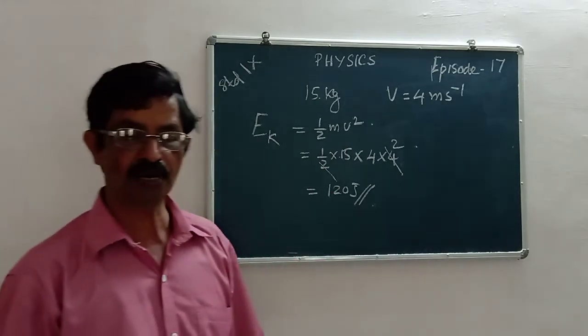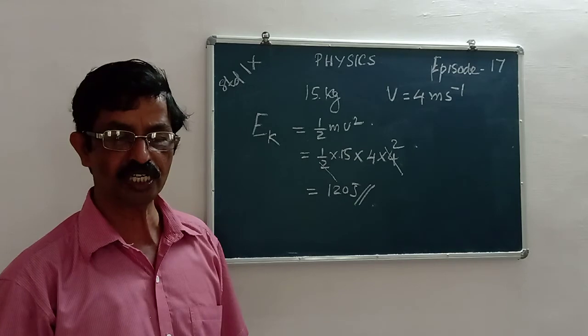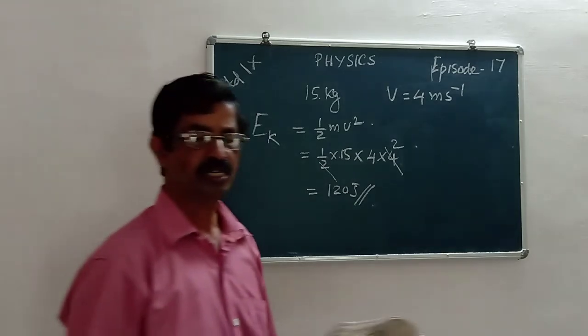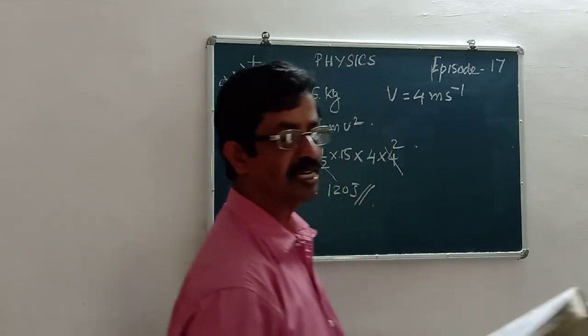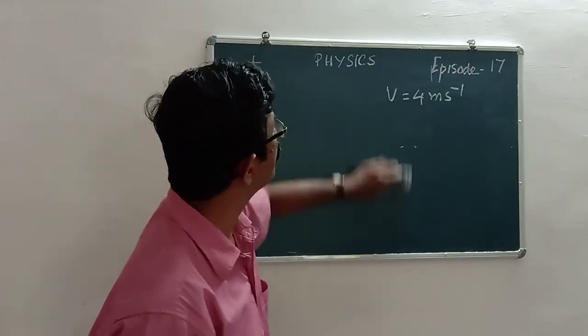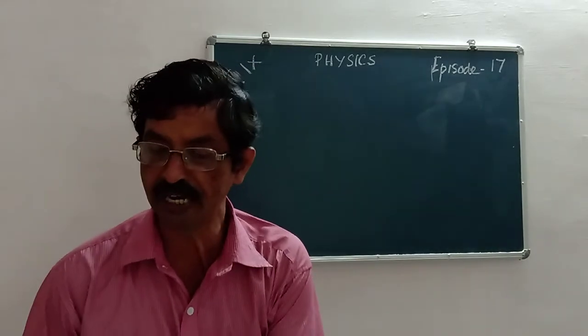Now another problem. What is the work done to increase the velocity of a car from 30 kilometer per hour to 60 kilometer per hour if the mass of the car is 1500 kilogram? What do you want to find out?